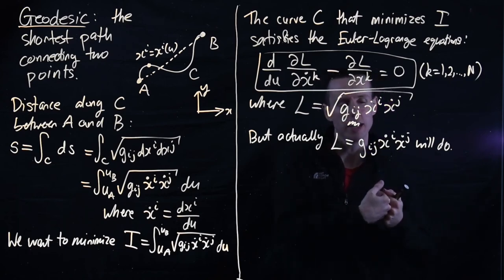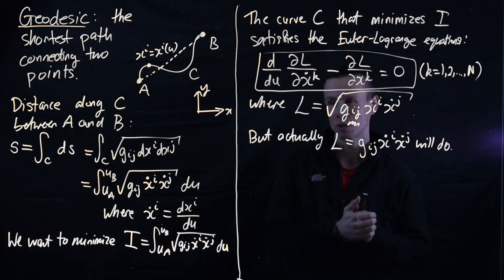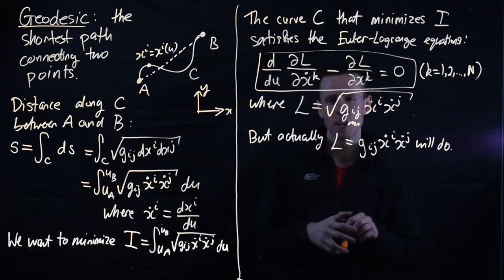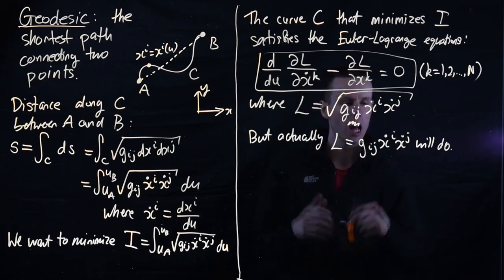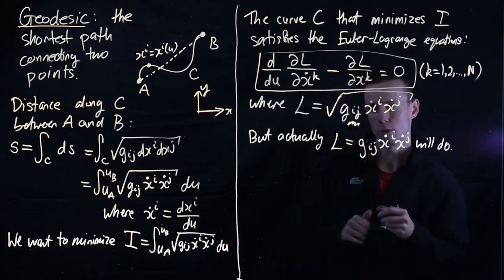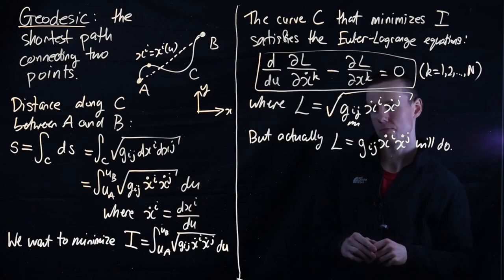Remember in special relativity, you have ds squared and it can be negative. So for particle motion you can have negative lengths. For photons you can have zero lengths. So this is not totally trivial, but we'll not prove it here. So I'm just going to say, actually, using this Lagrangian will do.